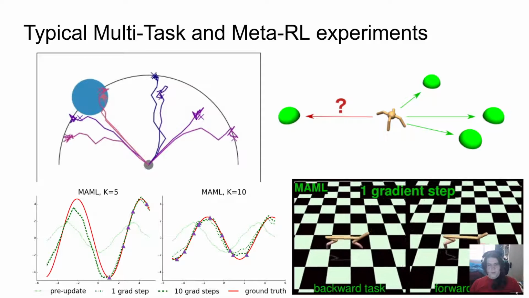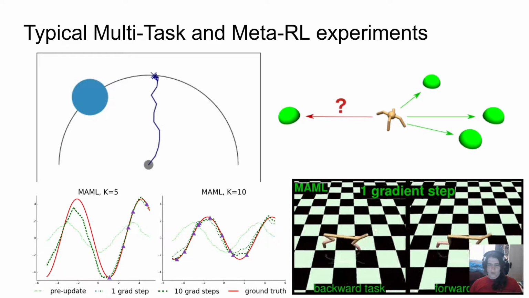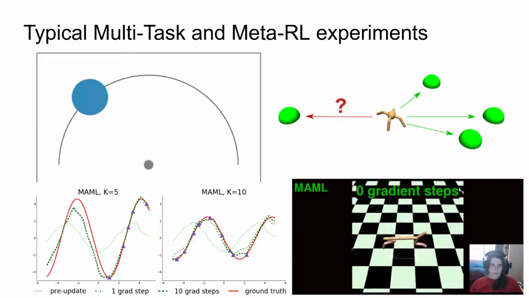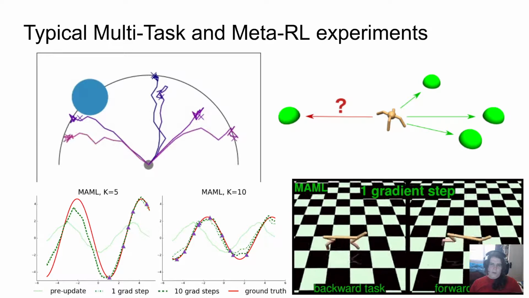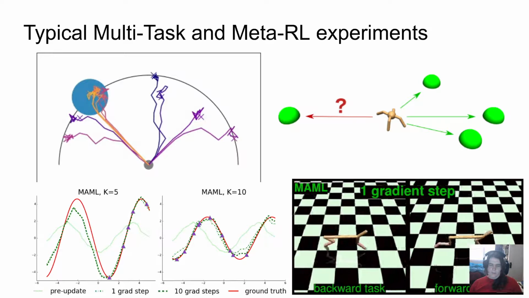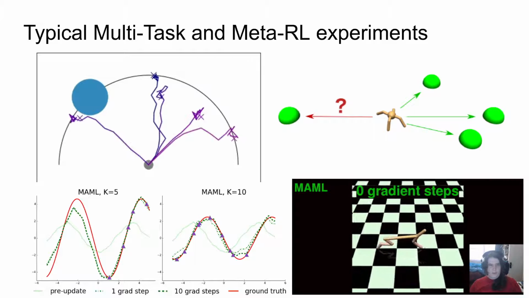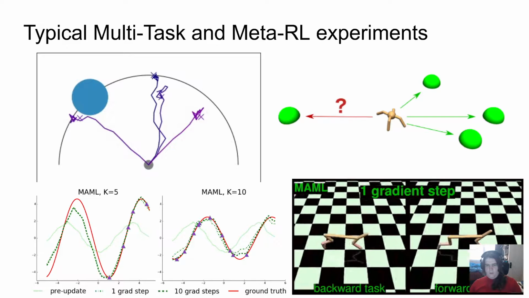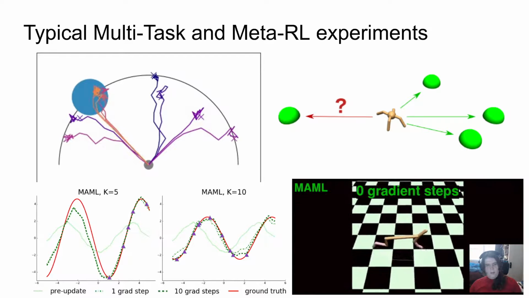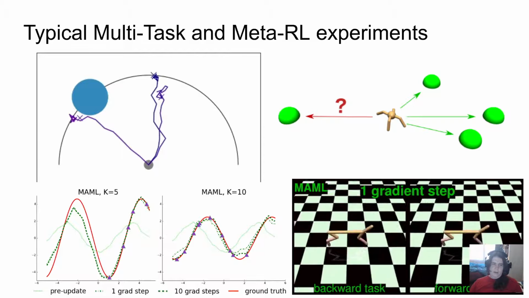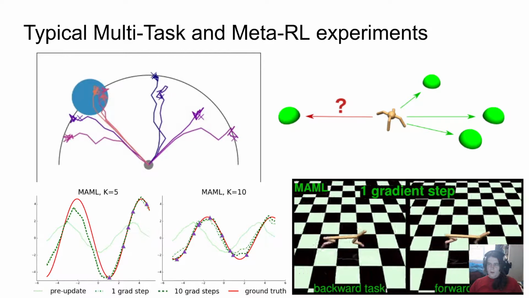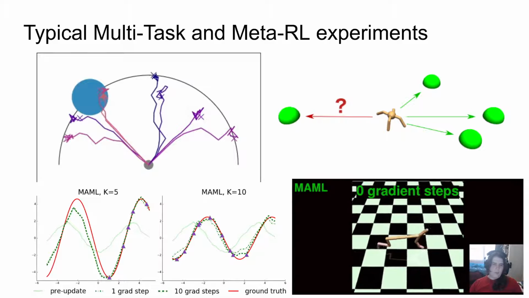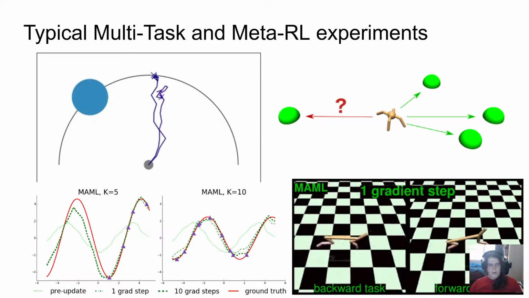Prior to about 2020, most research in meta RL in particular, and multitask RL when it was done, typically made use of other types of parametric variation. So here I've shown some of the main diagrams from the major meta RL papers in the field. You can see on the left essentially a goal inference, where you have to infer which direction in a semicircle to direct the agent.